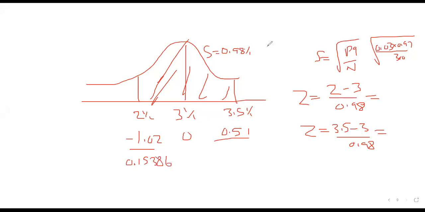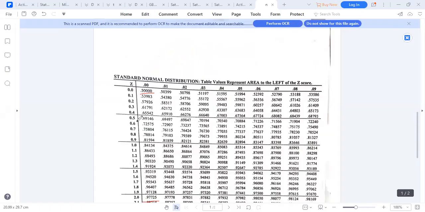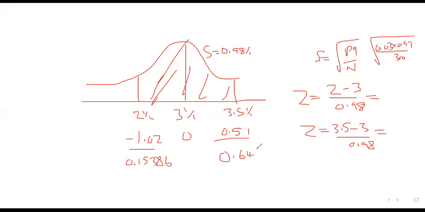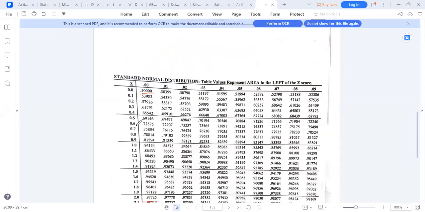Then 0.5, when we go into the table, under 1, 0.51, is it 0.6949.7?